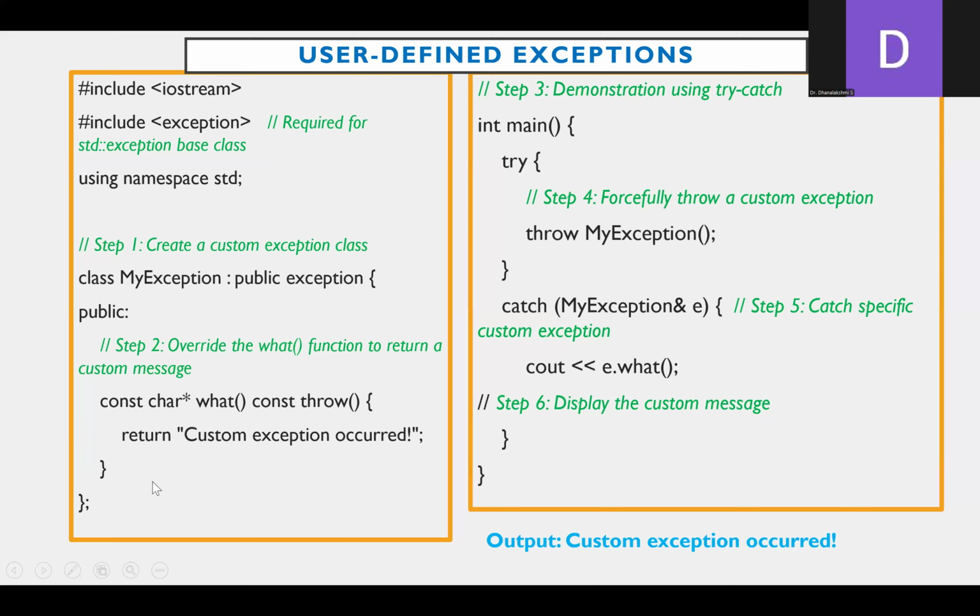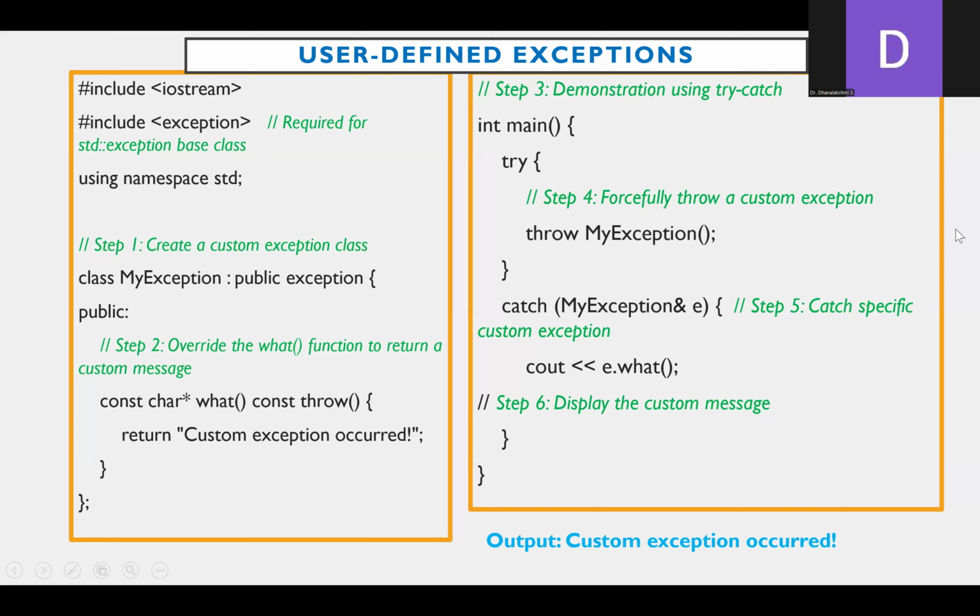So whenever someone calls e.what(), they get the string "Custom exception occurred", and it gets printed. Step 3, the try block. In the try, we have given a throw statement here. The try block contains code that might throw an exception.